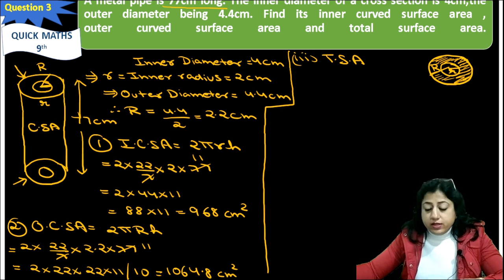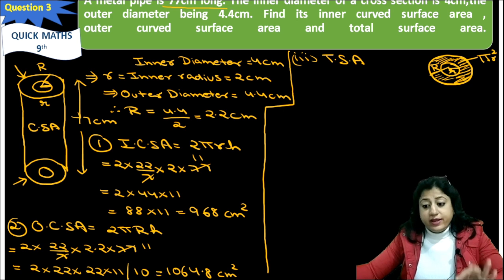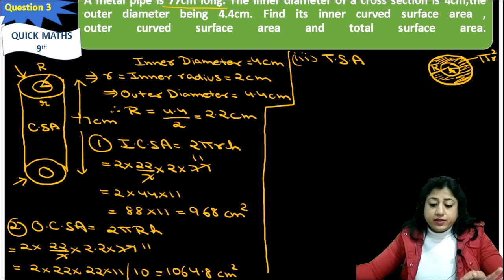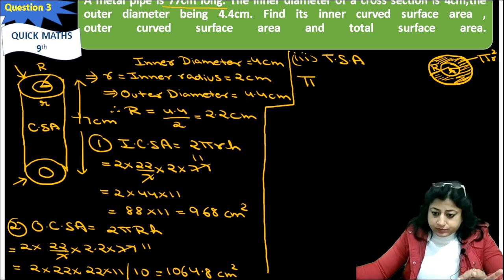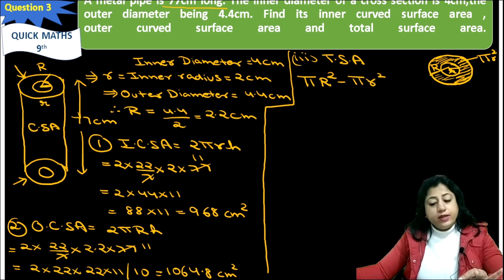For this thickness, the formula is just pi r square. But for this thickness, we will create a difference of capital R and small r, so it will be pi R square for outer and pi r square for inner.